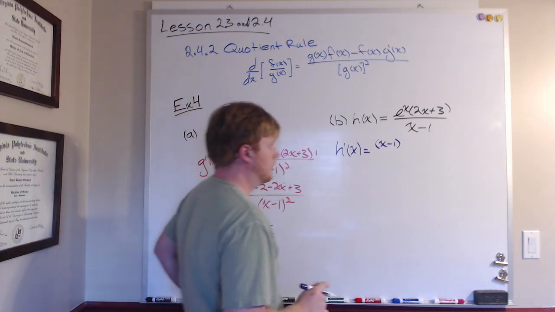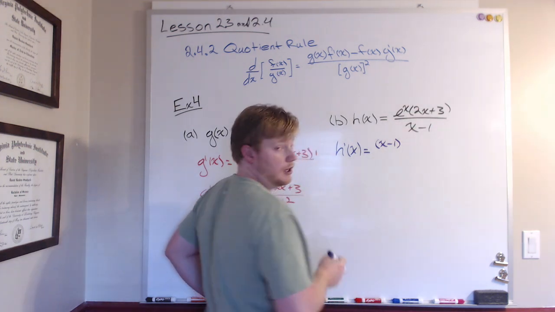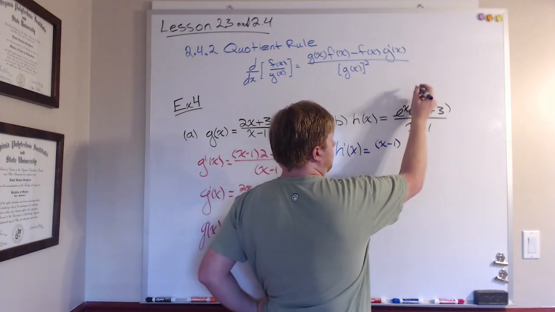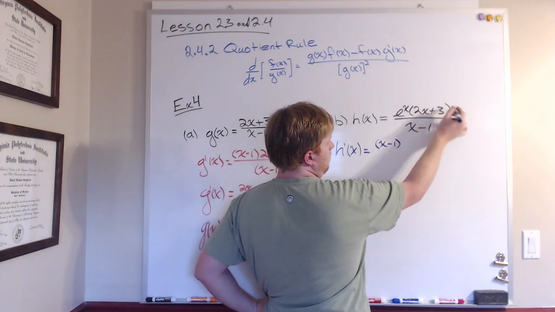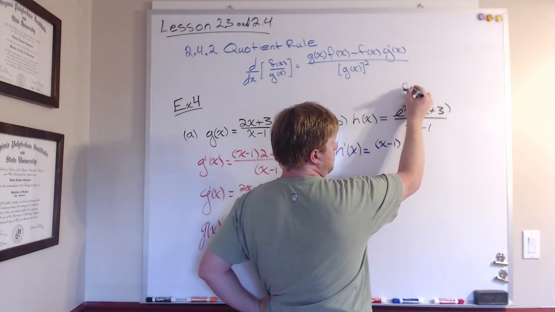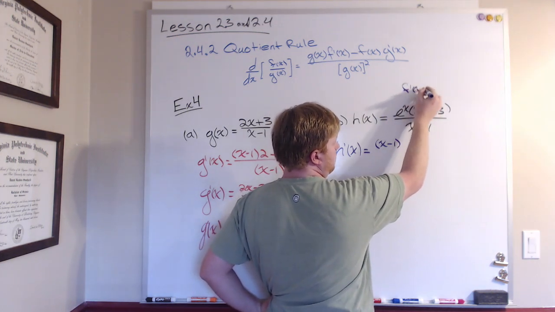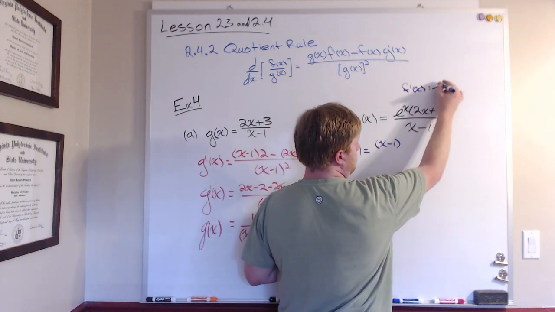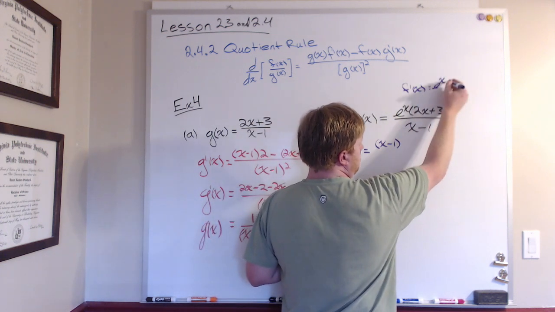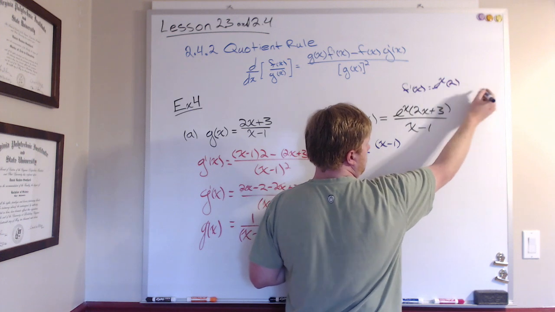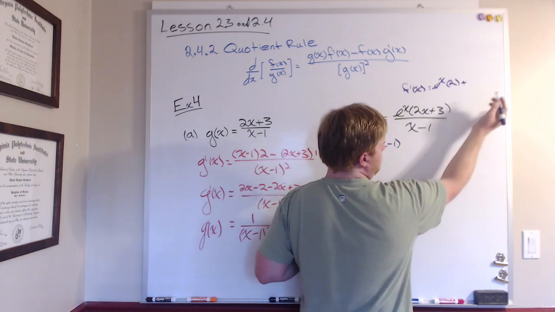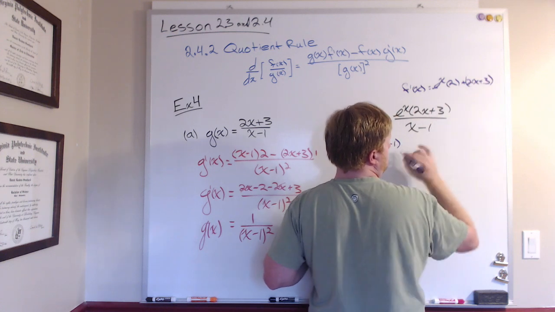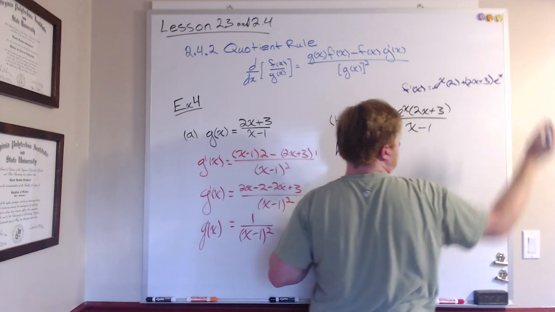Now the top is a product of functions, right? So let's go ahead and look at what the derivative of the top is. Let's call it f of x and write it out. So it'd be the first times the derivative of the second plus the second times the derivative of the first.